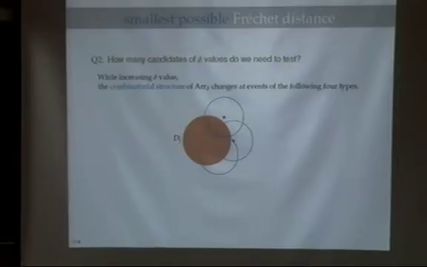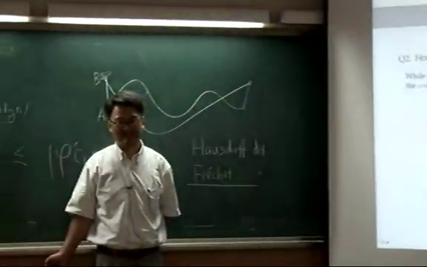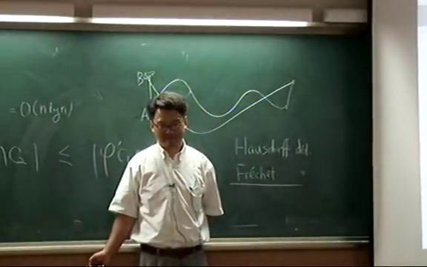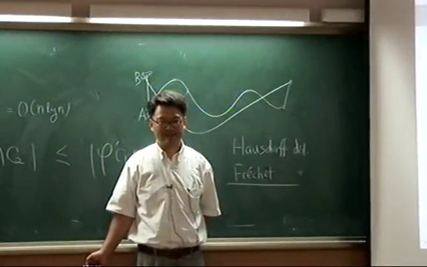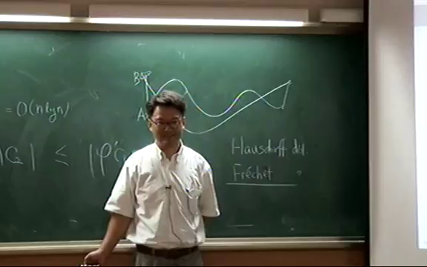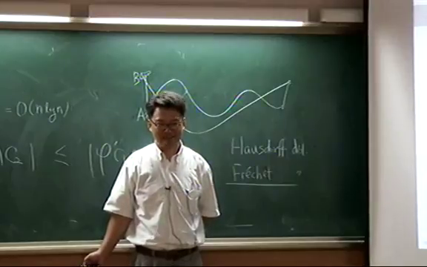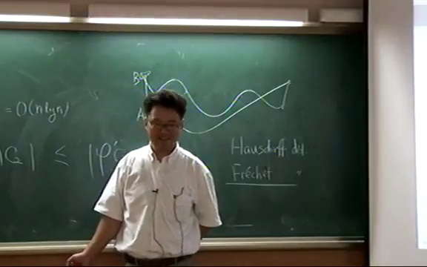These are the only events that may happen while you increase the delta values. So in between, there's radius 1 where the first event happened and radius 2 where the second happened. Essentially, when you look at the arrangement of these blue curves, combinatorially they're exactly the same. So check any one of those.